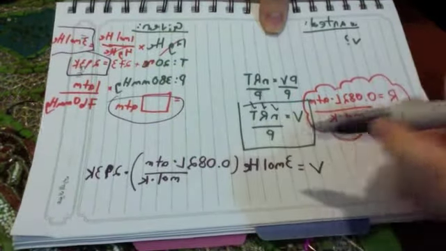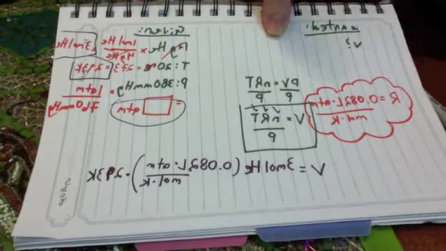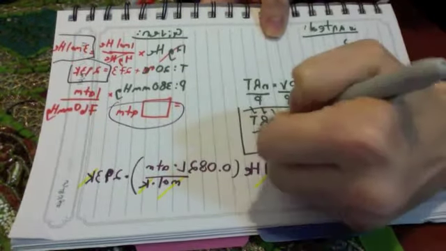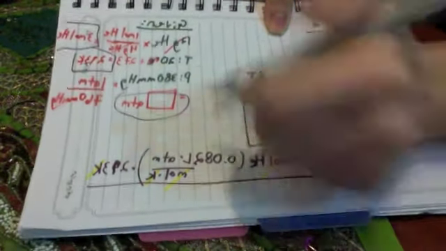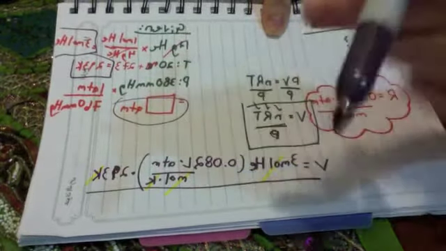And now the really cool thing is I can already see that my moles of helium are canceling with moles at the bottom and my Kelvins are canceling. So now, in order to finish, I divide everything by P, which is what I'm going to do, divide everything by, and I don't have a calculator, so I'm sure you can work this out, whatever 380 divided by 760 is.